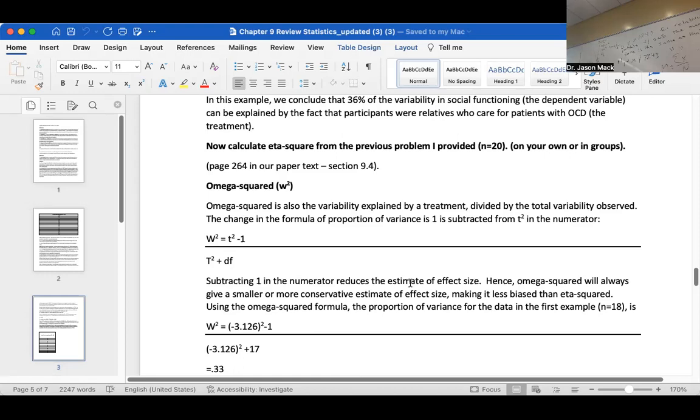Using the omega squared formula, the proportion of variance for the first example, n equals 18, is ω² equals negative 3.126 squared minus 1 divided by 3.126 squared plus 17, which is 0.33 of variability in social functioning, the dependent variable. Like I said, it's more conservative, that's why it's at 33%. In this sample, the students were relatives of those who care for OCD.